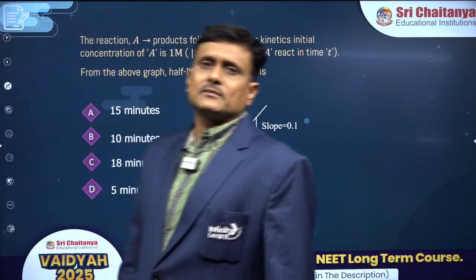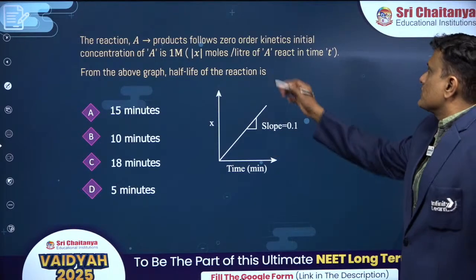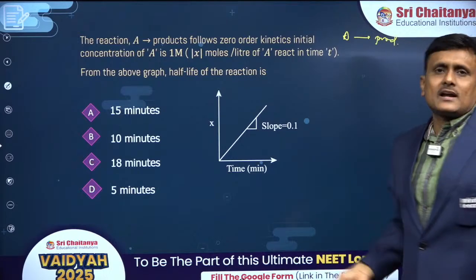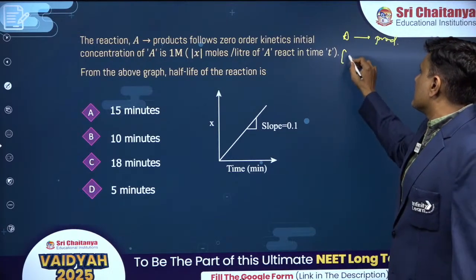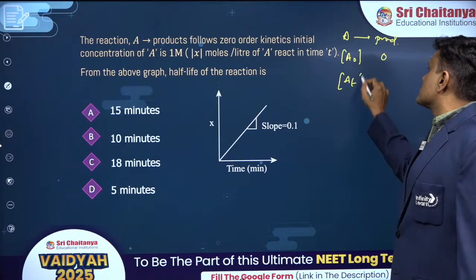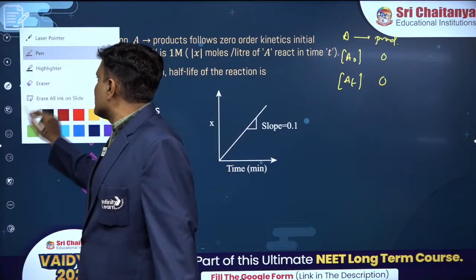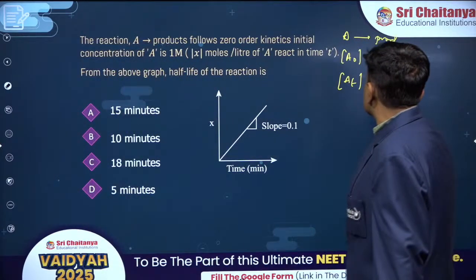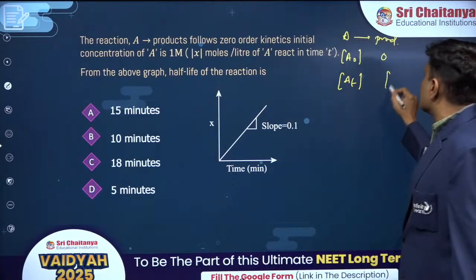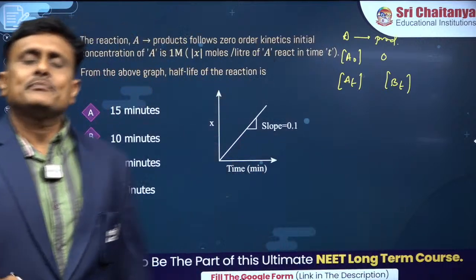A little bit of mathematics is involved in this reaction. If you take a reaction A giving rise to products, you start with initially some A naught concentration, and after some time the concentration of A becomes some At, and the product concentration becomes some Bt.